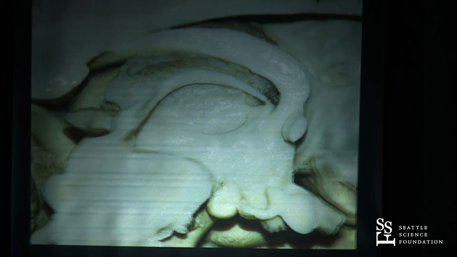I'm emphasizing this to show that the roof of the interpeduncular fossa is the posterior half of the floor of the third ventricle. You have to know this. It's difficult to see. In surgery, you're never going to be seeing this. But you have to know that the posterior half of the floor of the third ventricle is the roof of the interpeduncular fossa. Architecture, relationships, right?